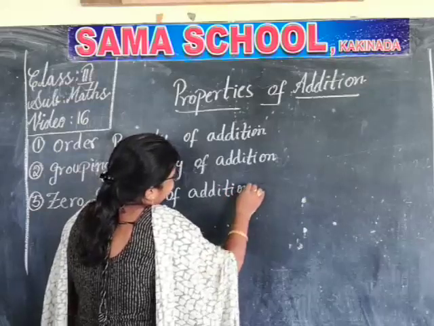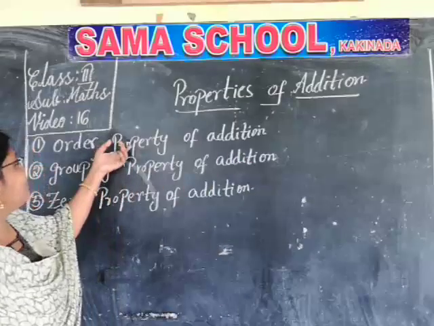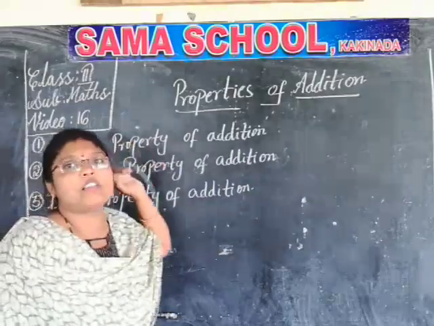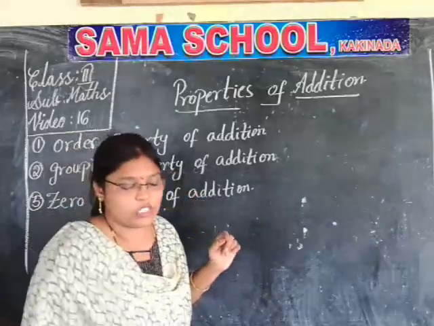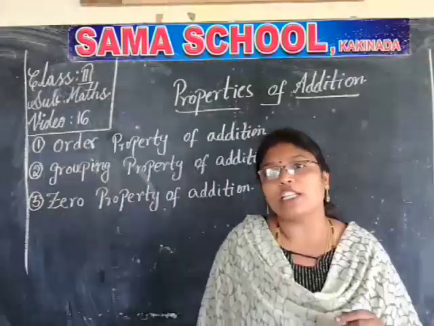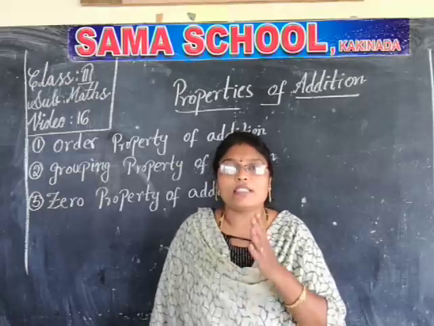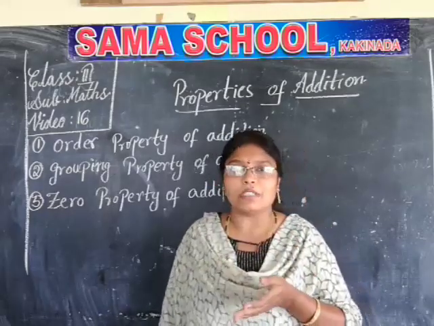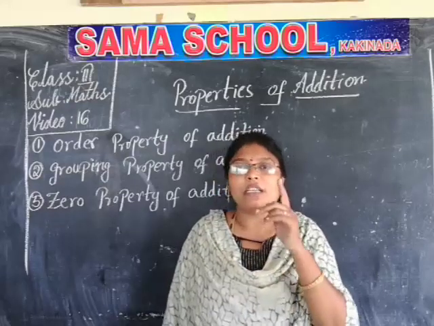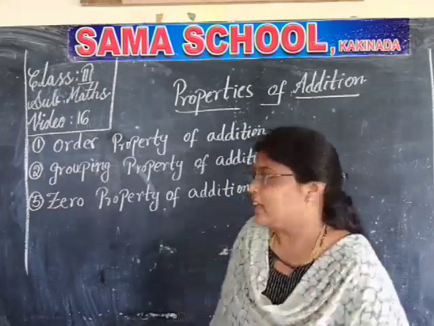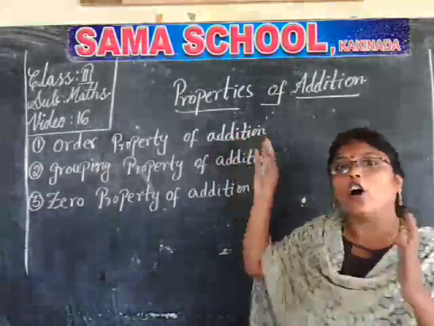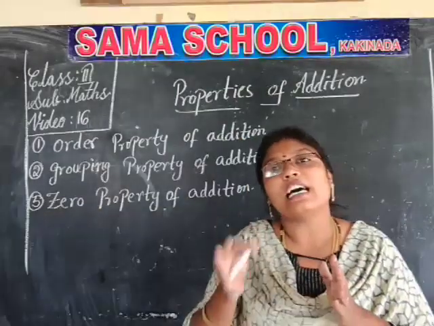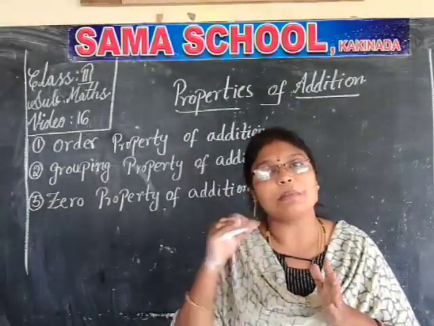In our last class, we discussed this order property of addition. Children, do you remember what the order property is? It's nothing but if we change the order of the numbers, the answer will remain the same. If you change the order of addends, the sum remains the same.